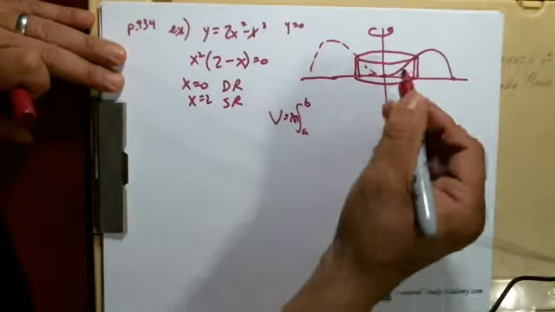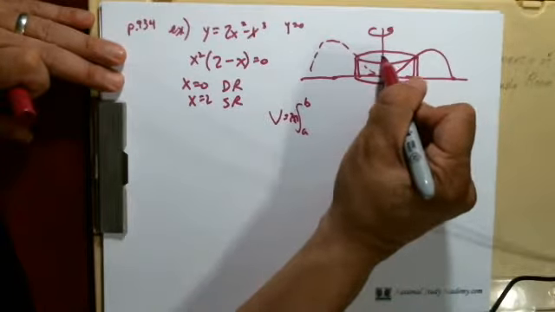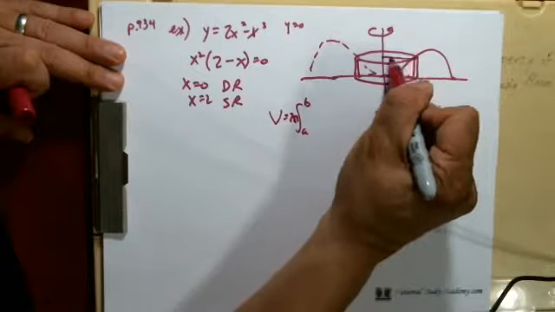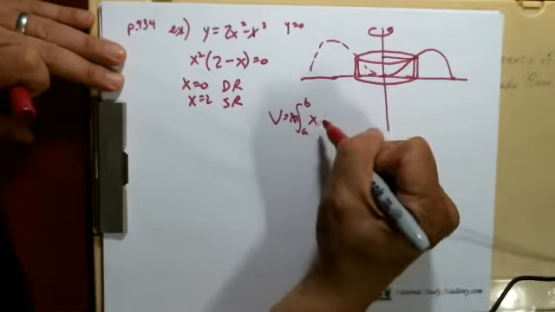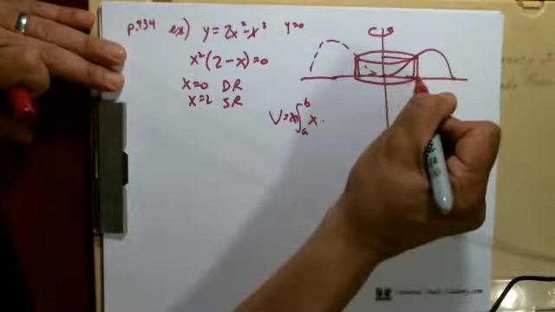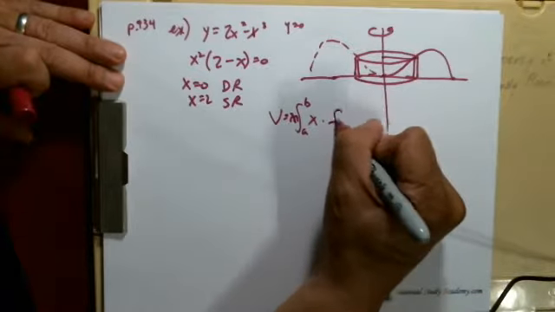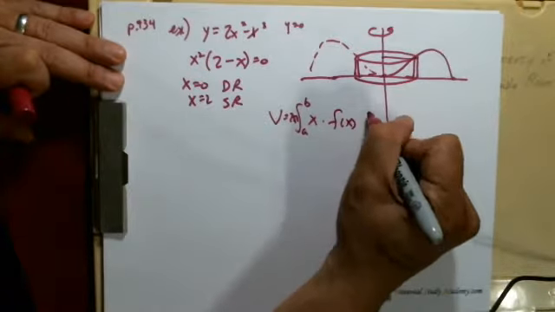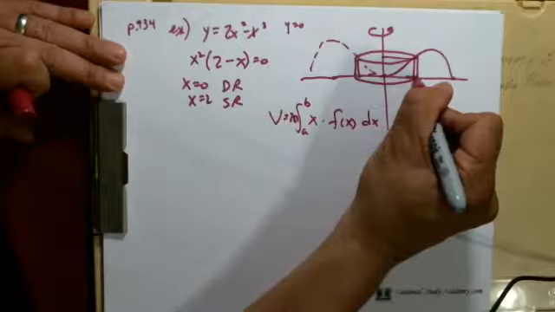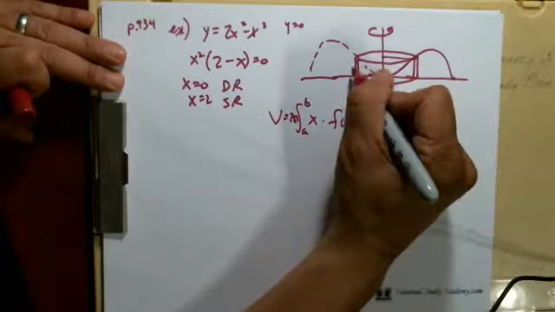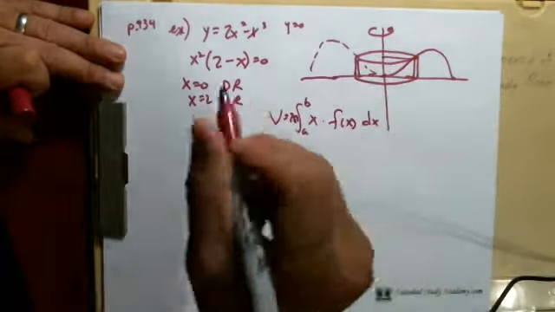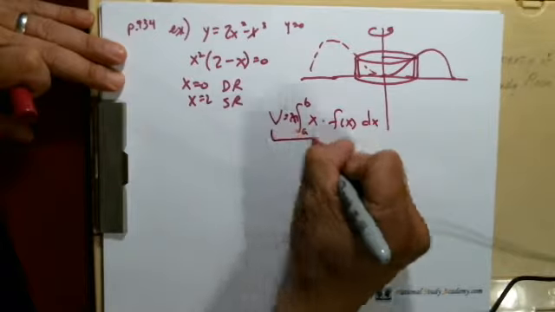The radius happens to be the x direction, from here to here, so that's x, times the height, which happens to be f of x, or the y value, times dx, the little increments of the cylinder shells that we're making. So that's actually the concept right there.